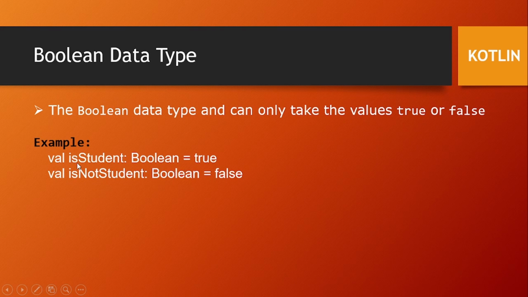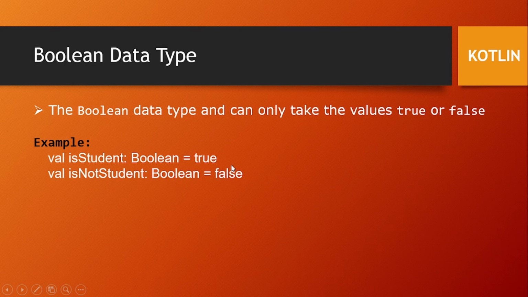As an example, isStudent is the name of the variable, its type is Boolean, and the value will be true. If someone is a student, you can check it with this data type and variable. So for a student, the value will be true. For not a student, the data type will be Boolean and the value will be false.